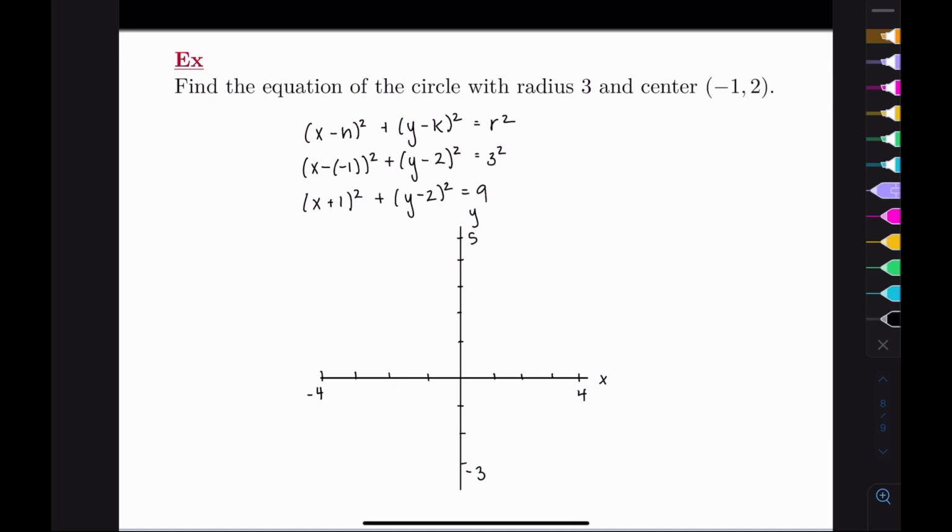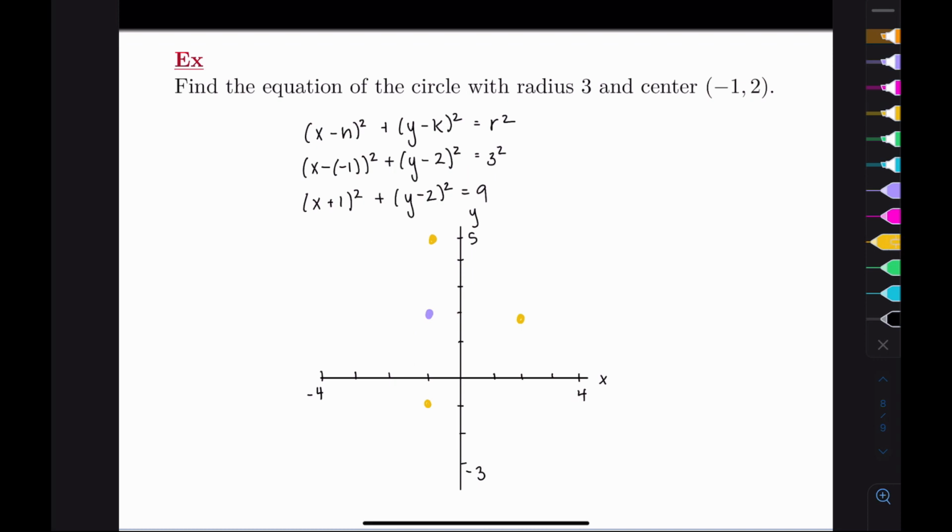So the center of our circle is at negative 1, positive 2. And our radius is 3, so I'm going to go up, right, left, and down a distance of 3. So 1, 2, 3, I get another point right here. Then I go 1, 2, 3, another point on our circle right here. 1, 2, 3, a third point down here.